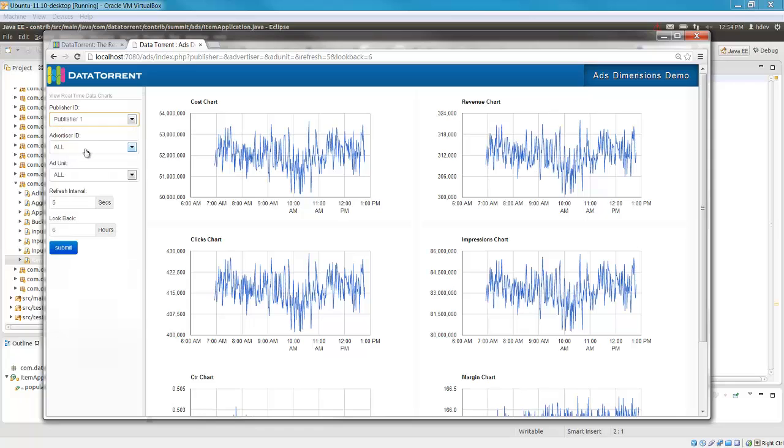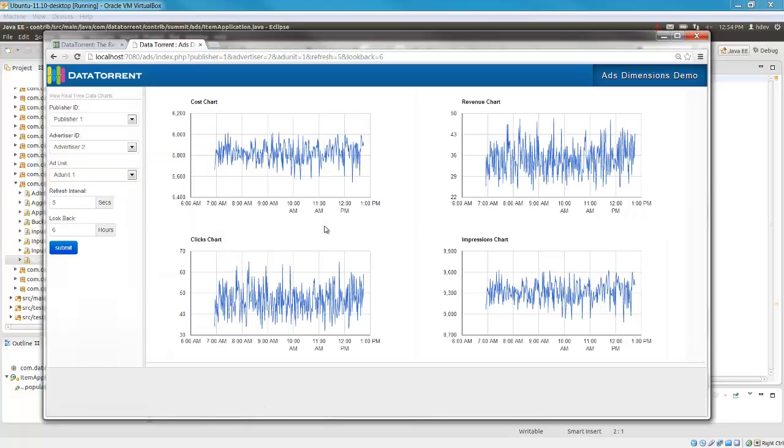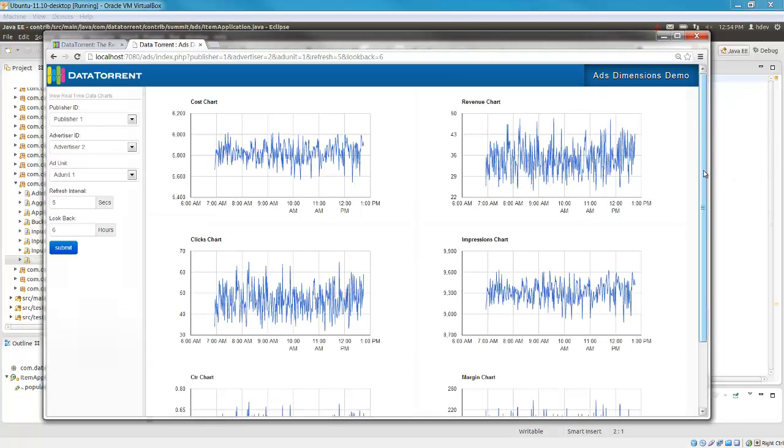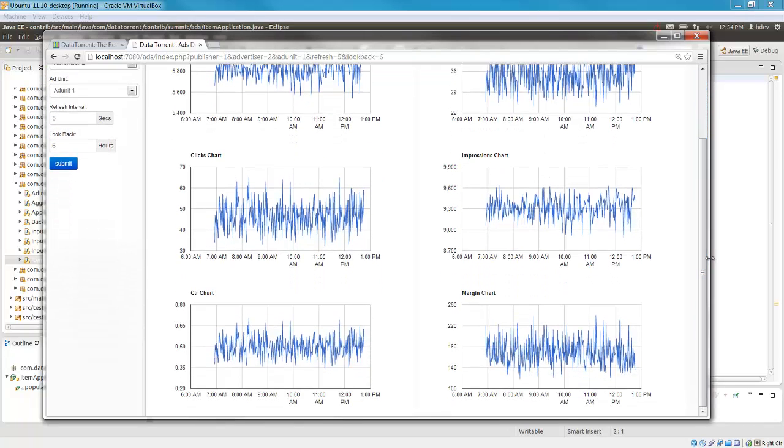Let's try this. See all the data for this combination, and we see how the charts are updating dynamically.